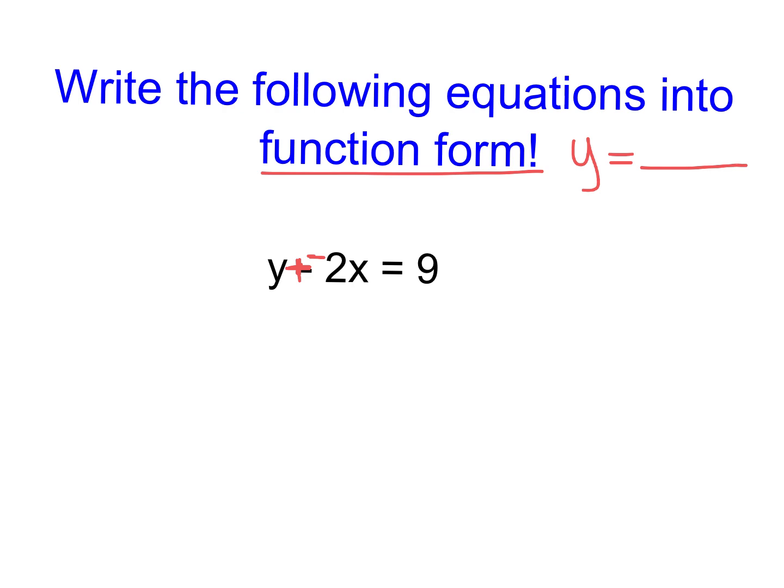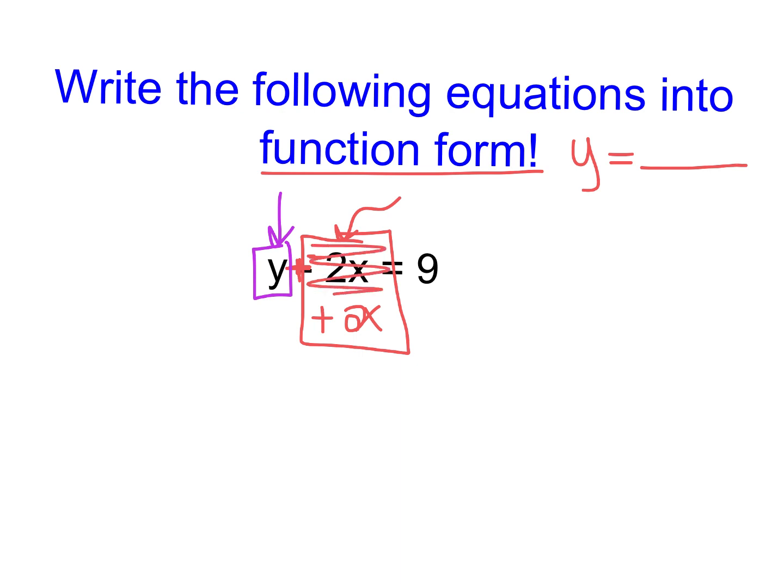And then from here I notice that I want to get y completely by itself. And what I see happening is y being added to a negative 2x. So I realize that in order to get y alone, I have to undo this addition of a negative 2x here. And the way to do that is by adding a positive 2x to each side. Notice that negative 2x plus 2x are opposites of each other. When we add those together, they completely cancel out. Now remember, whatever we do to one side of the equation, we must also do to the other.